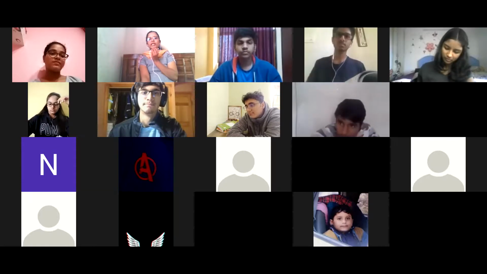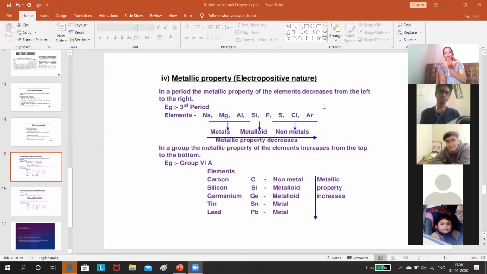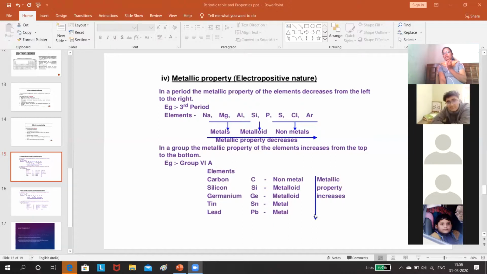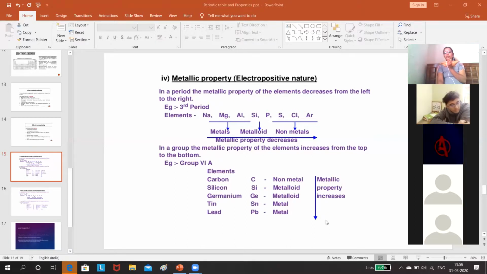Why does it increase down the group? Down the group, the atomic radius increases. As the atomic radius increases, the nuclear charge will be decreased. As the nuclear charge decreases, the electron can be easily removed.